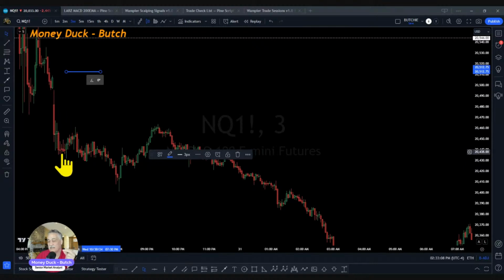So it pulls down, makes a low, pulls back up. Okay. It pulls back down. I say, okay, that looks like a lower high, but it is not enough reason to move my stop. I need to let structure continue. Let the structure continue to play out. It pulls down here.